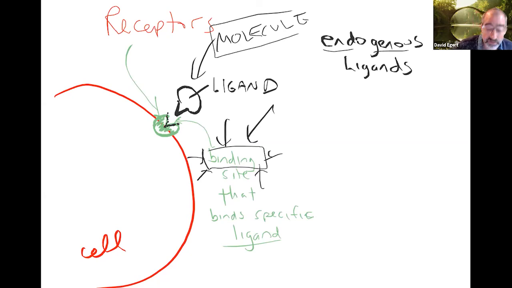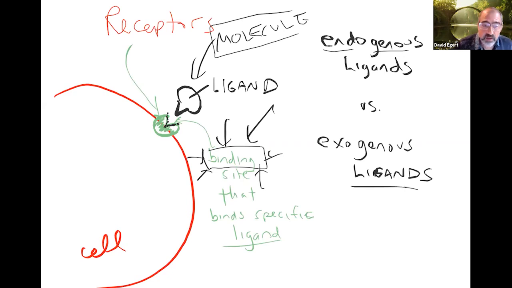As opposed to exogenous ligands. A lot of pharmaceutical and recreational drugs function as exogenous ligands. The basic idea here, exogenous means from without.